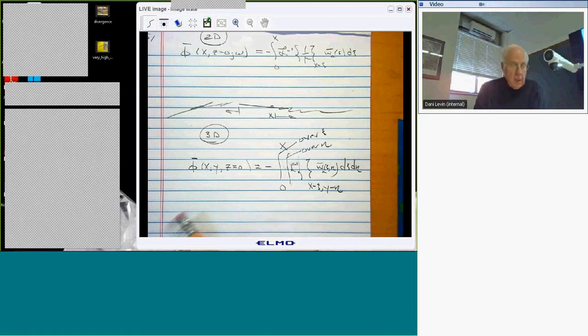So what I'm going to do is tell you what this function is, and then we'll derive it. Probably not today, but maybe next time. It is the following, again relying on a well-known reference.